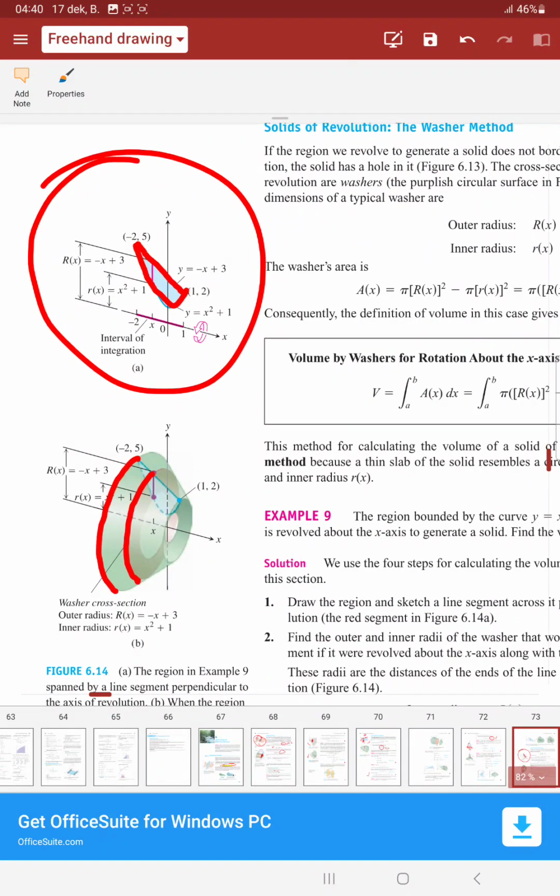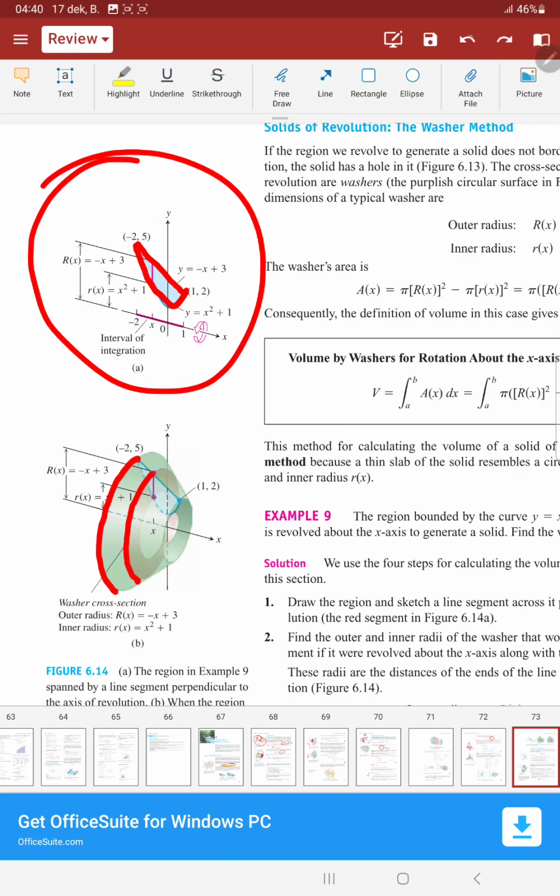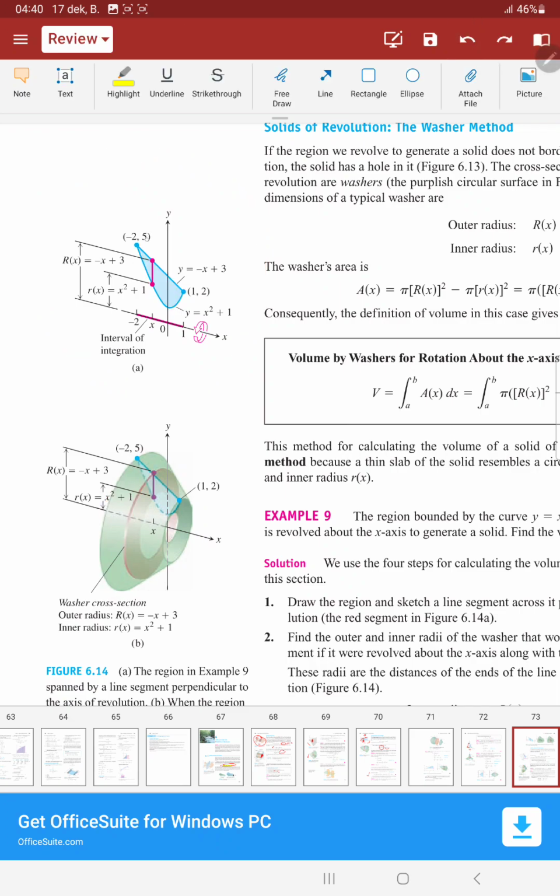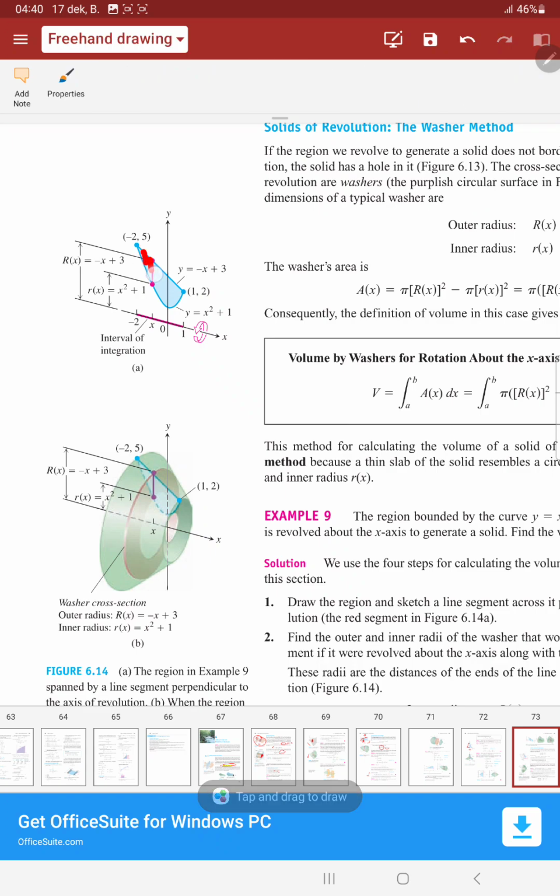You know that when we find area, for example, forget about volume, when you're asked to find this area, how do you find it? From -2 till 1, you just write this function minus this function inside the integral.